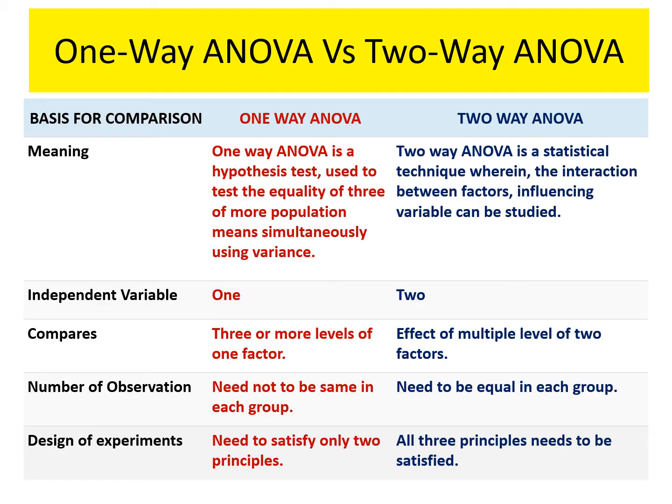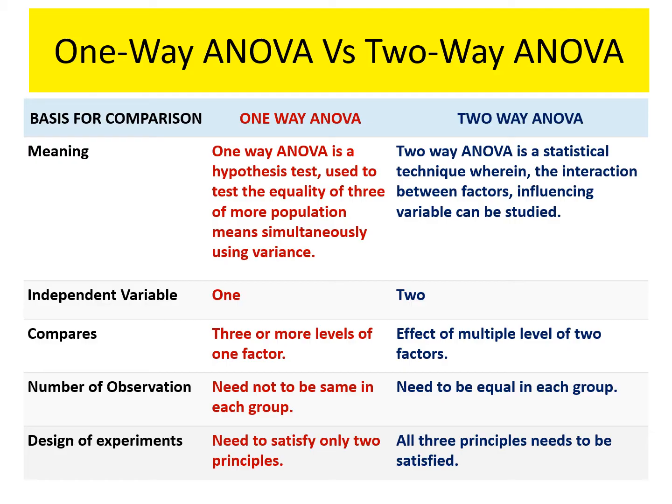But for two-way, this is a statistical technique where the interaction between two factors is examined, so there will be two factors influencing the variable that you are interested to study. And for one-way, it's only one way when there is only one independent variable. And if it involves two independent variables, we have already two-way.